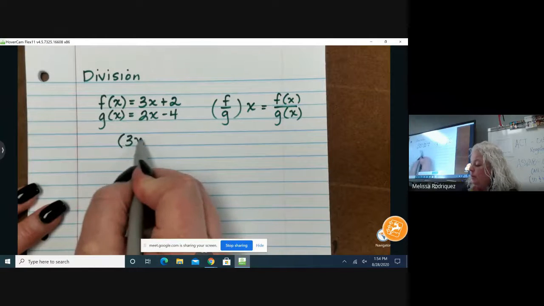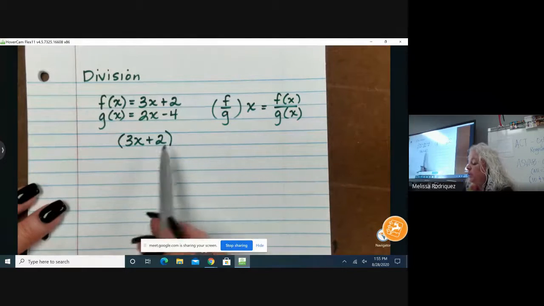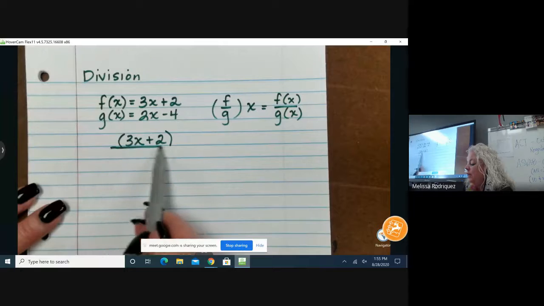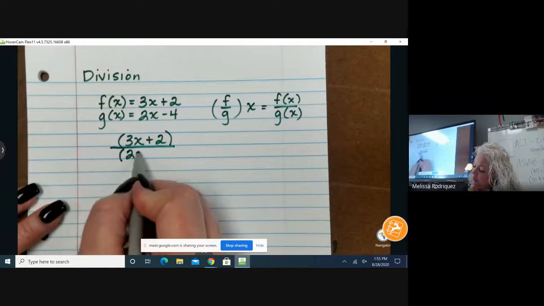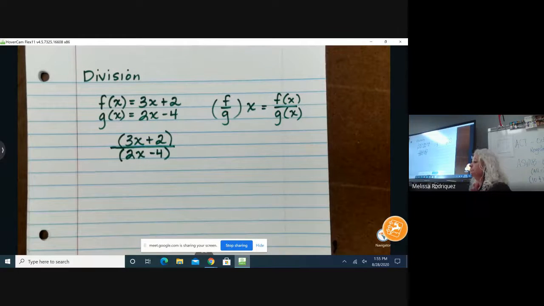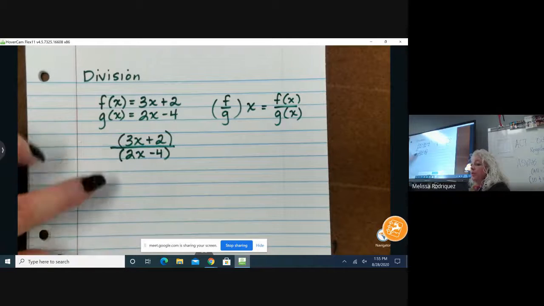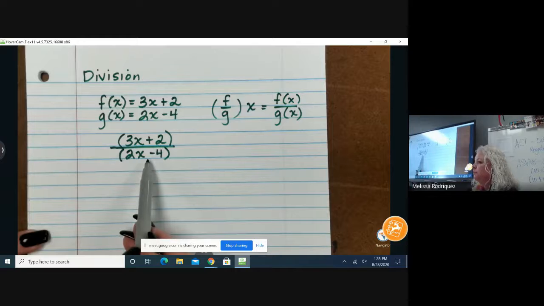Remember my rule about parentheses? Put everything in parentheses. F of x over, what's g of x? 2x minus 4. I put these in parentheses because they're separated by an addition sign and a subtraction sign.